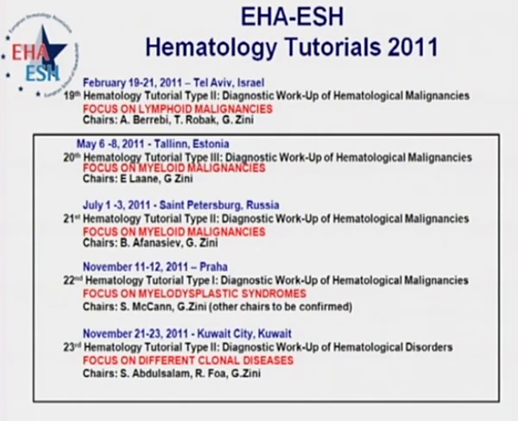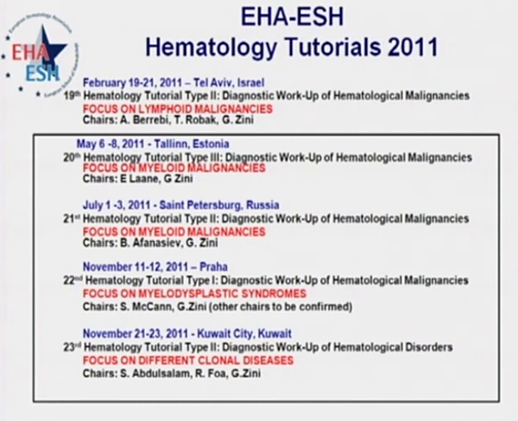For the present year 2011, we already had the type 2 tutorial in Tel Aviv in February, and now we are starting with this tutorial in Tallinn on myeloid, and in July we will have a type 2 tutorial in St. Petersburg on myeloid again.